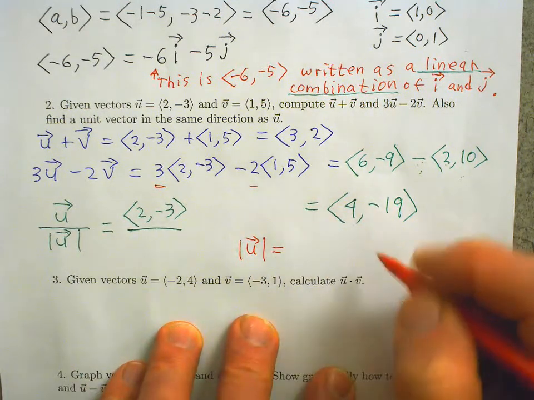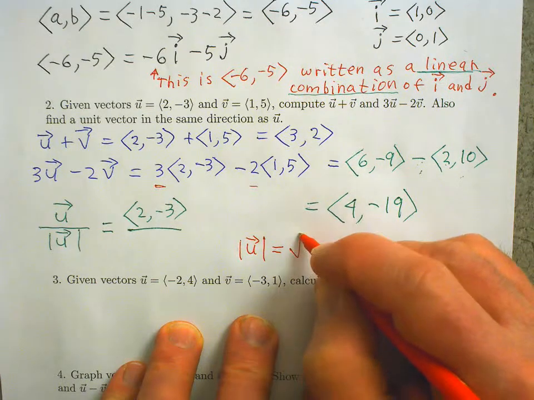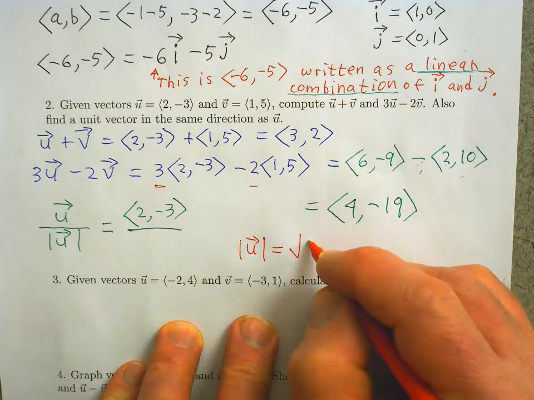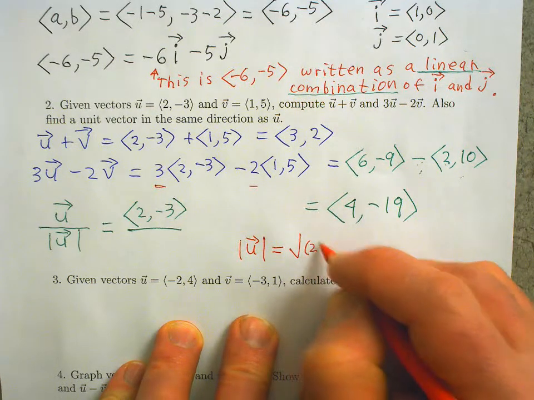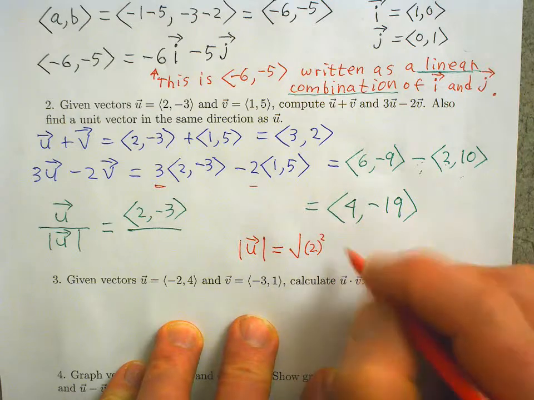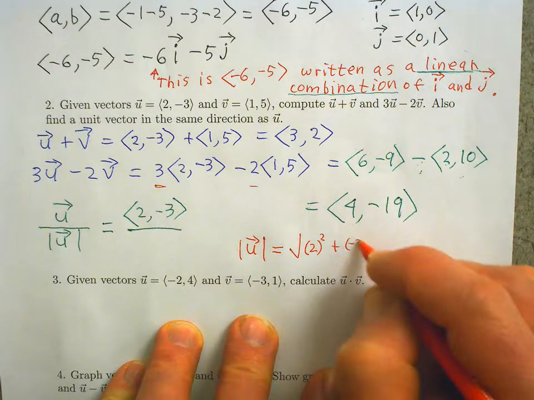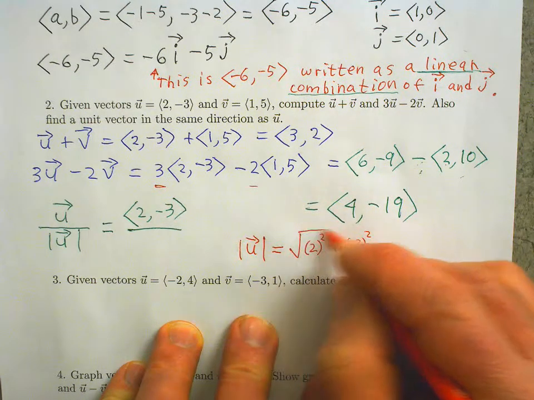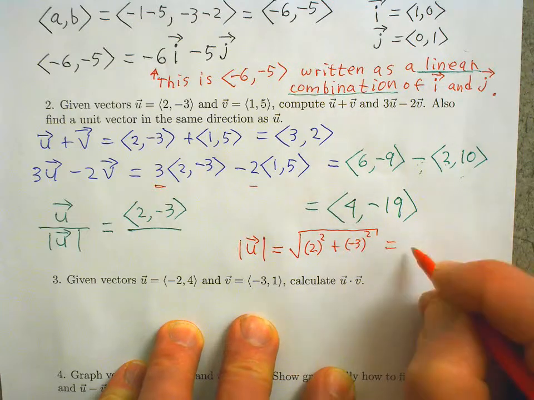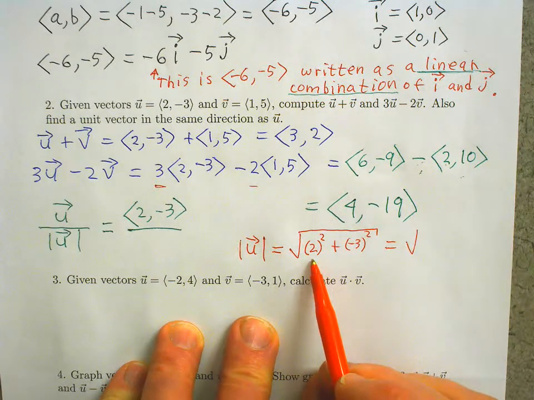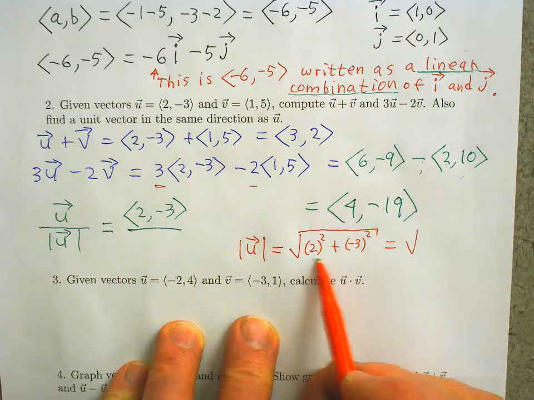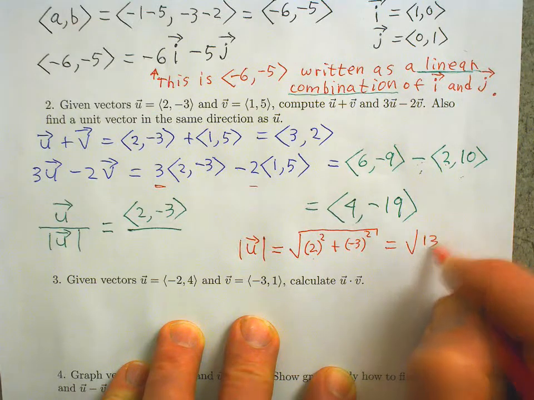So this is going to be equal to the square root of the sum of the components squared. So the square root of 2 squared plus the number -3 squared. And you can see that inside the square root, we're going to get 4 plus 9, which is 13.